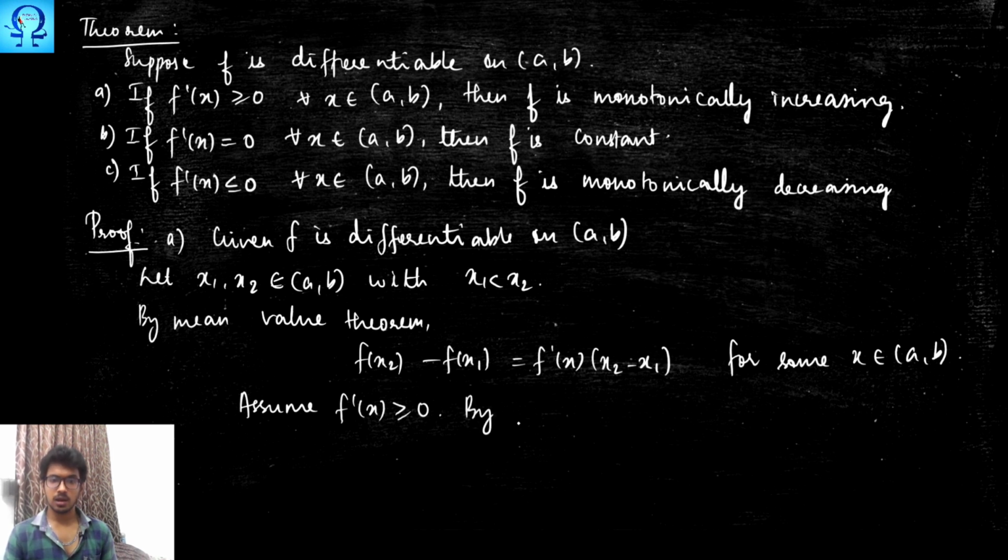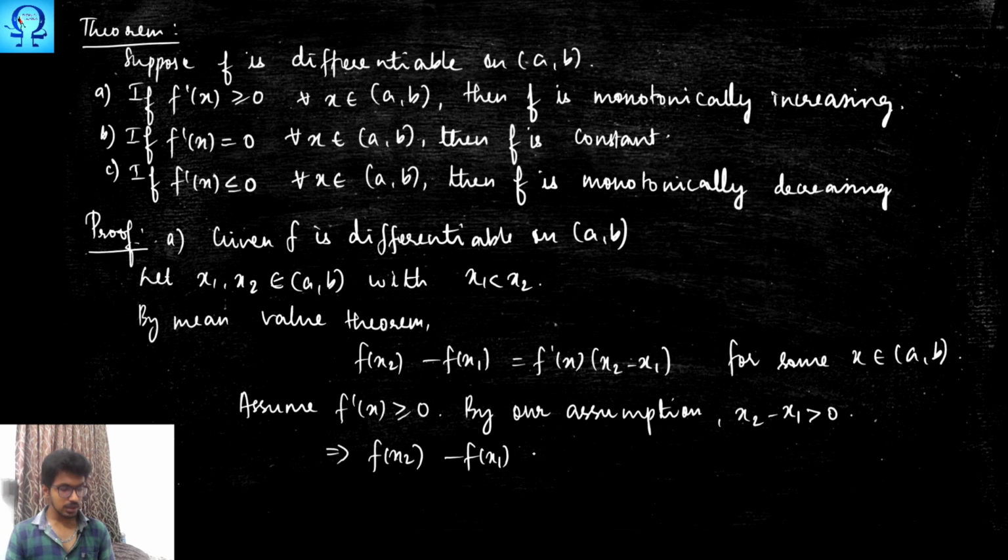Now by our assumption, x2 minus x1 is a positive quantity, which tells us that f of x2 minus f of x1 has to be a non-negative quantity. This tells me that f of x2 is bigger than or equal to f of x1.